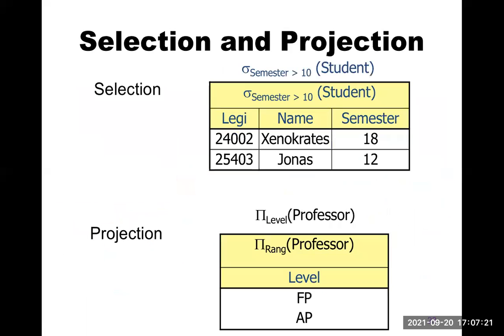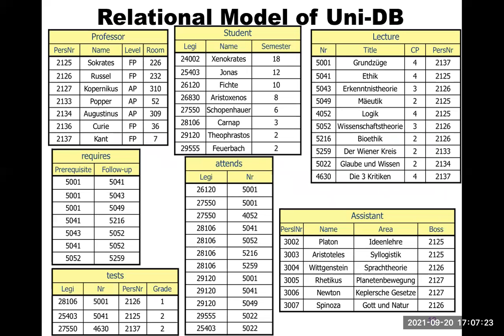Let's look at how much. We have 7 professors and a table of attendance of 12 records.